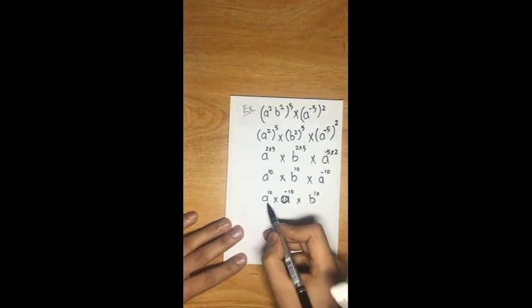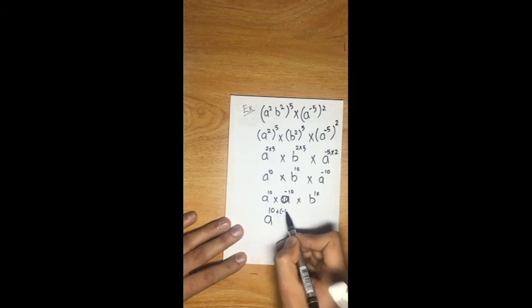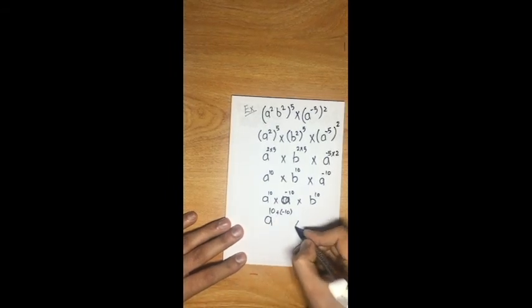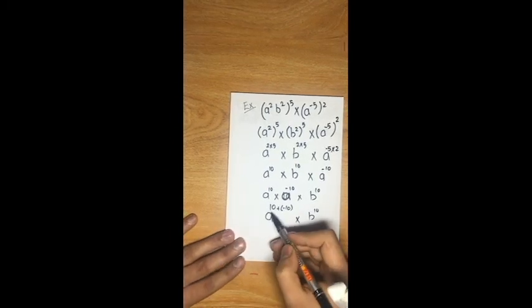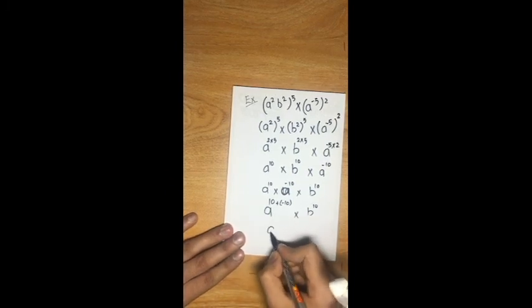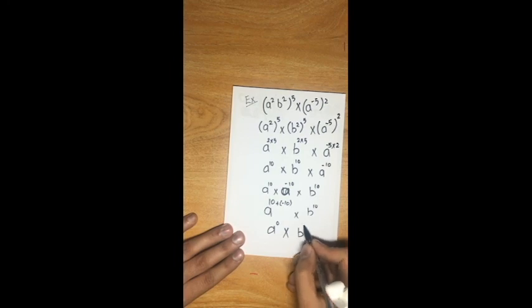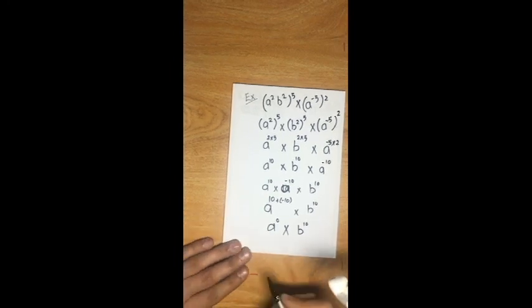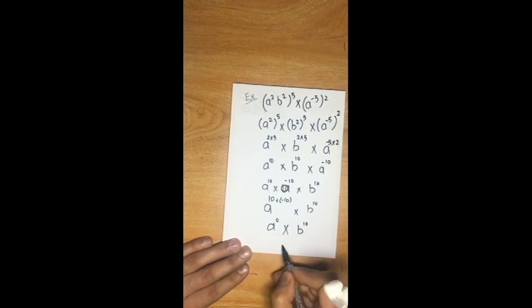So we have a to the 10 plus negative 10, multiplied by b to the power of 10. Now 10 and negative 10 will cancel out, so we will have a to the power of 0 times b to the power of 10. A to the power of 0 is 1, so we will be left with b to the power of 10.